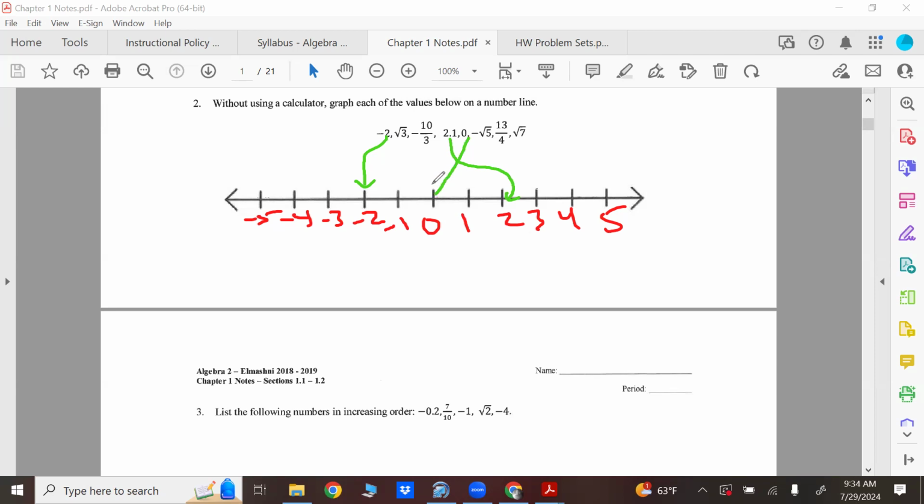Okay, let's look at 13/4. 13/4 is slightly bigger than what number? Yeah, slightly more than 3. Okay, -10/3. It's negative, mind you. Where do you think that's going to go?